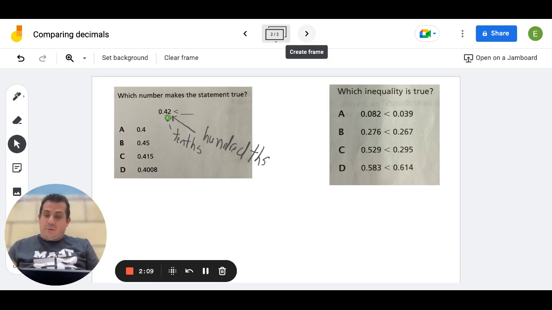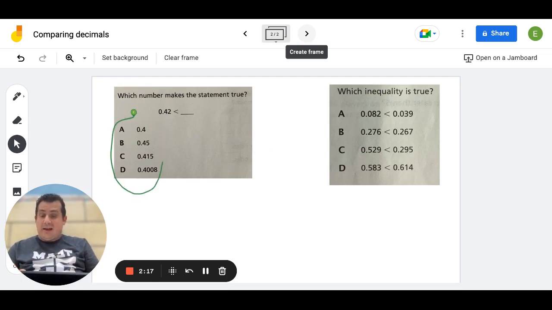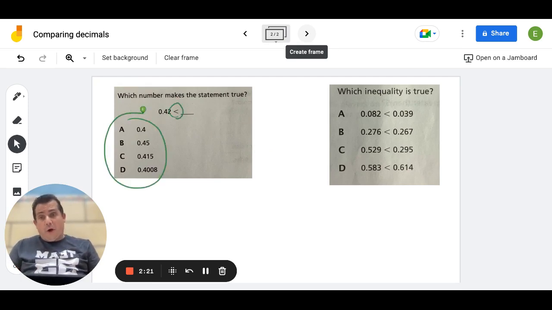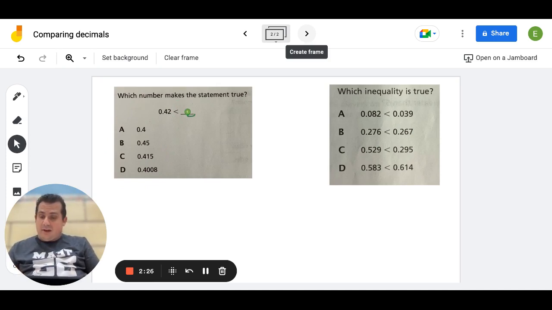Now we have to look at our answer choices. I could say 42 hundredths is less than which one of these, or I could look at it the other way around and say, which one of these decimals am I going to put in my blank that's going to be greater than 42 hundredths?